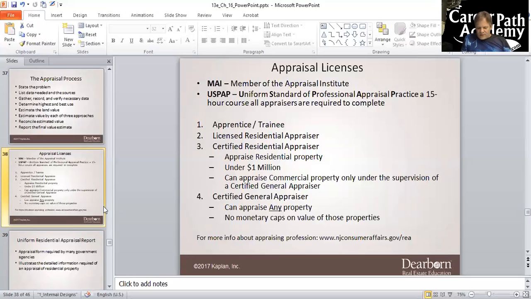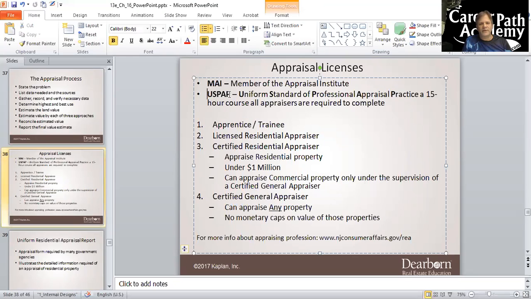Halfway through it, I want you to highlight Uniform Standards of Professional Appraisal Practice, USPAP, just like it says up here on the slide. And then under the profession of appraisal, go to the 3rd paragraph, end of the 2nd line, and highlight MAI is the member of the Appraisal Institute.